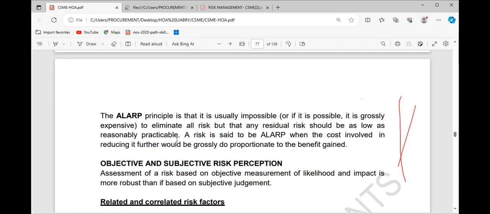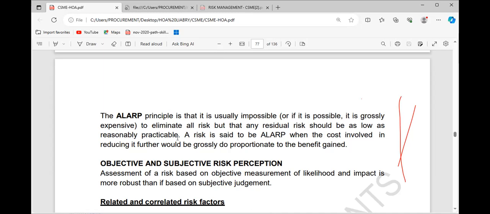What we are saying is that it is not possible to reduce the whole risk to zero. But if it is possible, it should be as low as reasonable.